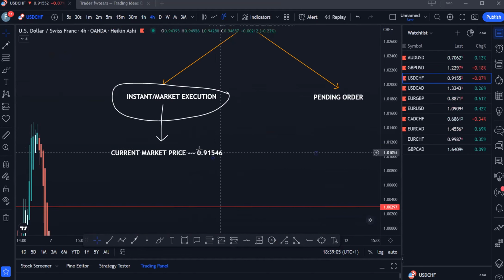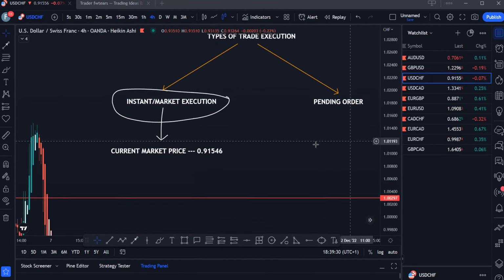Once the spread has been applied, this is the price at which you'll be entered into the trade. That means if you use instant execution, you'll be placed in that trade immediately at that particular price. So your buy entry or your sell entry will start counting from the current market price.